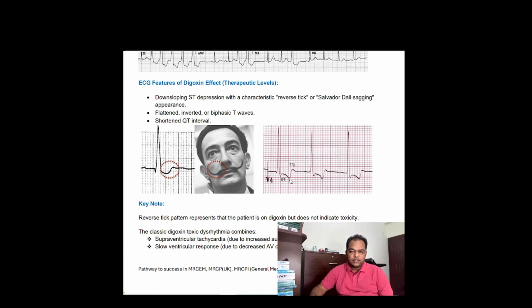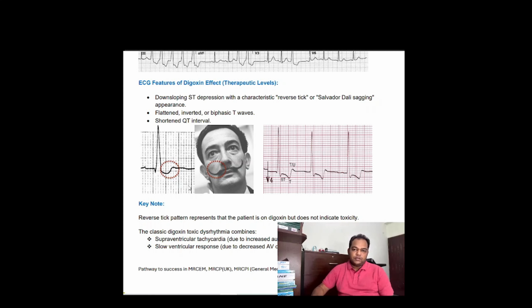This is the reverse tick mark here. So this reverse tick mark indicates digoxin effect. When a patient takes digoxin at therapeutic levels, we can find this type of feature.